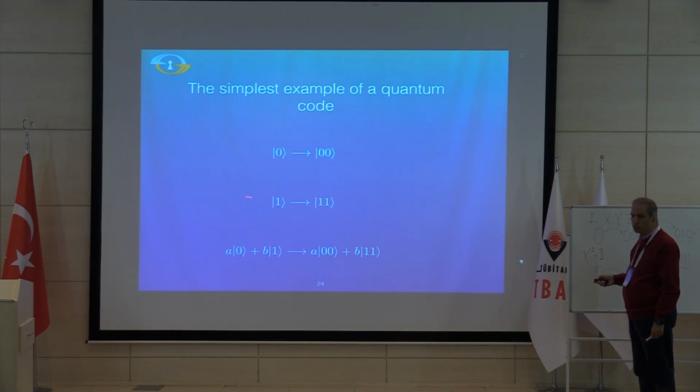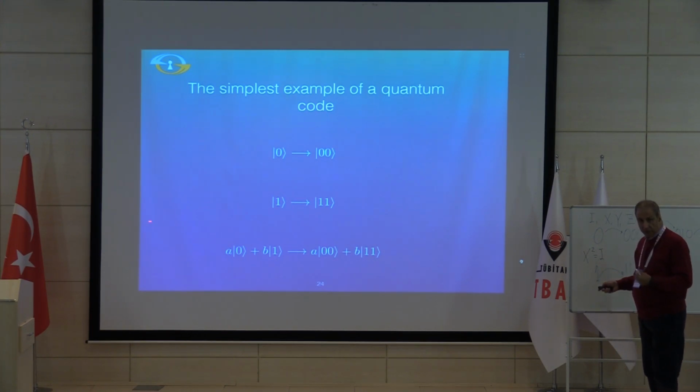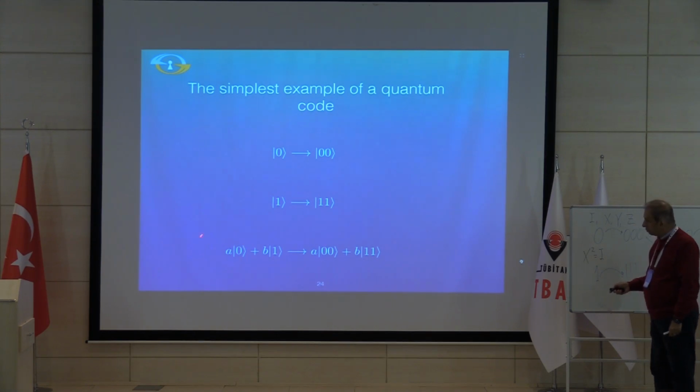This is the simplest code that I use. Now, in the quantum computer, the qubit has a superposition. So my state is not just 0 or 1. It's A0 plus B1. And it's encoded into A000 plus B111. This is my encoding.